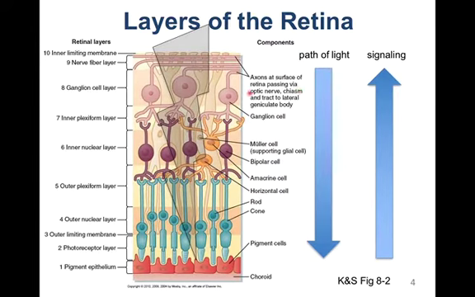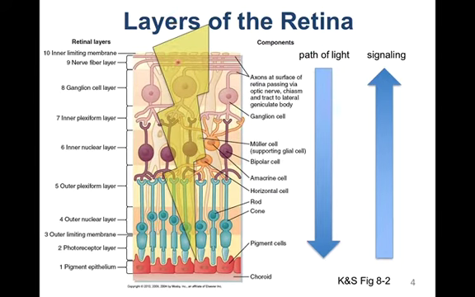And we'll talk about the pathway it takes to the thalamus and beyond in coming lectures. And then the last layer is the inner limiting membrane, and this would be the boundary between the retina and the body of the eye, containing the vitreous humor. So one key takeaway is here.